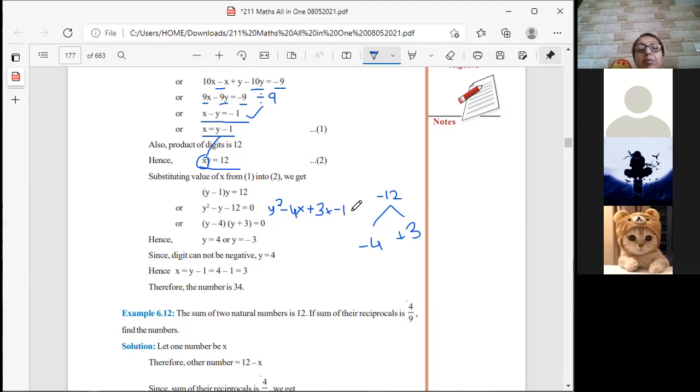Now I'm going to take common from the first two. If I take common from the first two, what do I get? Sorry, x will not come, y will come here. Tell me, what will I get? y as common. What is the other thing? y minus 4. Can I write it like this?